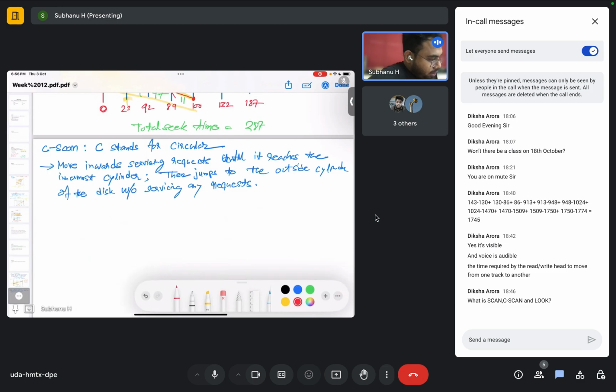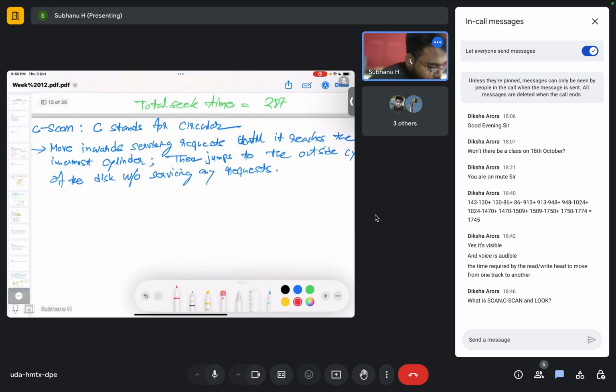Basically, this algorithm says that it will go to zero, like the SCAN algorithm, then go to the last one.